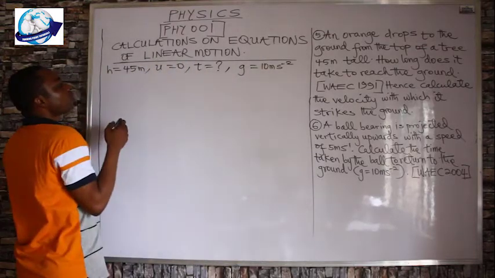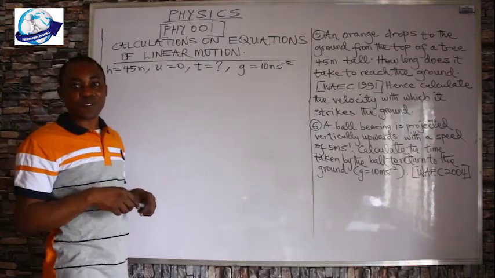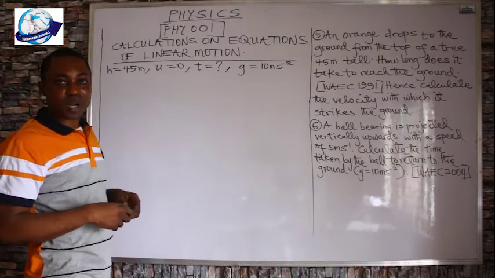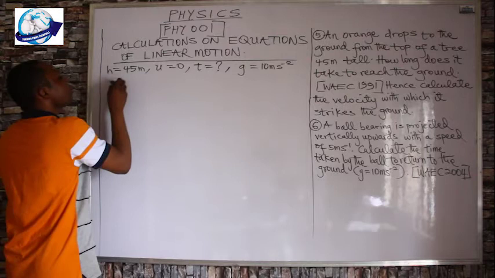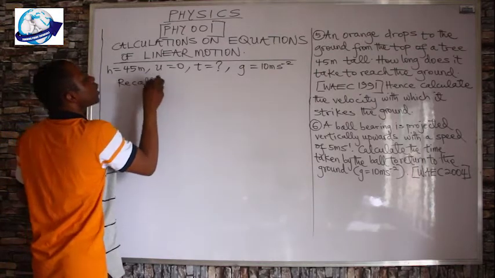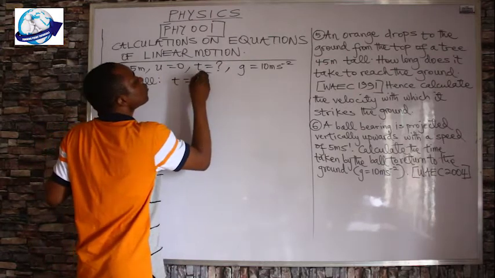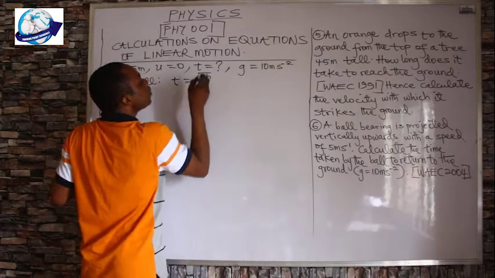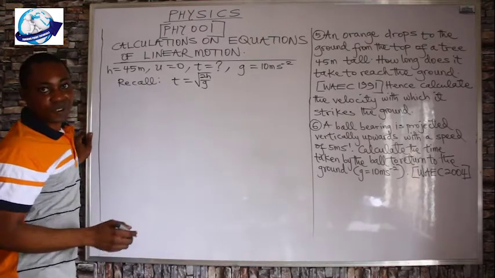Now recall, because it's a question that has to do with a free falling body, the expression for the time for free fall is t equal to the square root of 2h all over g.